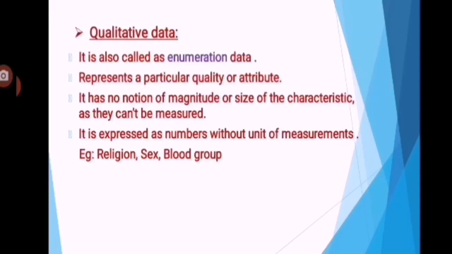First we shall see about qualitative data. What is qualitative data? It is also called enumeration data. It represents a particular quality or attribute. It has no notation of magnitude or size of the characteristics, as they cannot be measured. It is expressed as numbers without unit of measurement.